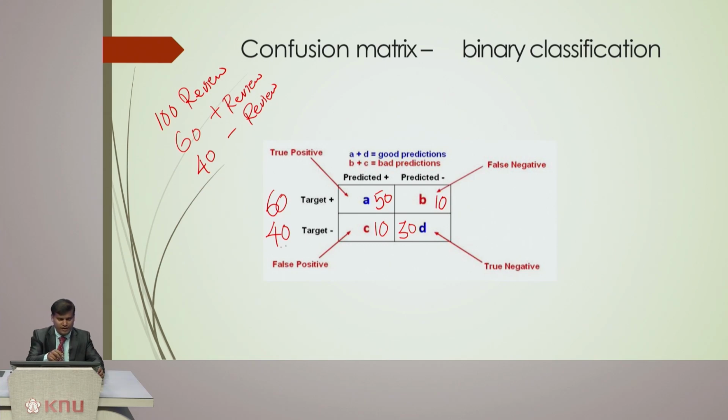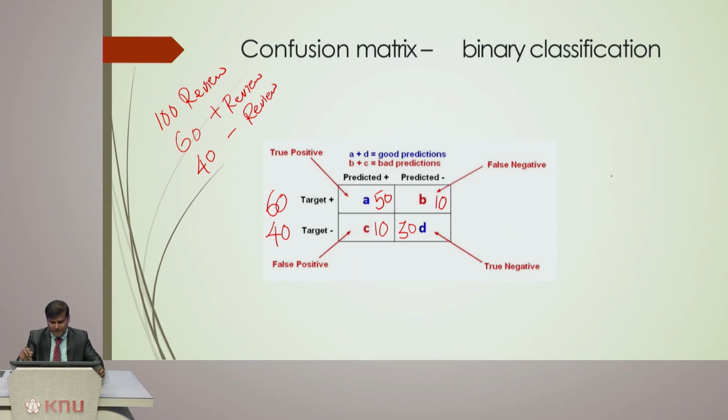Among the 40 negative, 30 have been classified as negative, which is true, so we call it true negative, and 10 have been classified as positive, but that's false, so that is a false positive. So from this we can determine the accuracy of the system.